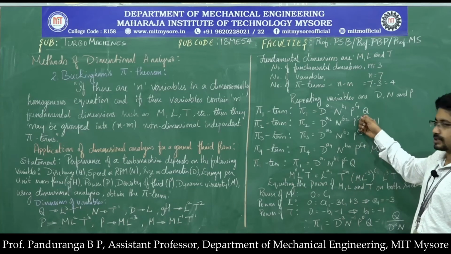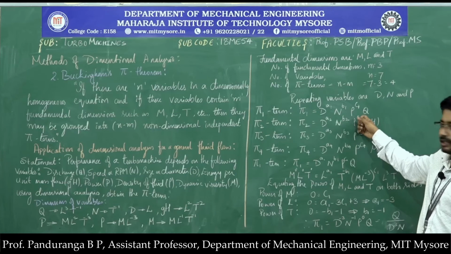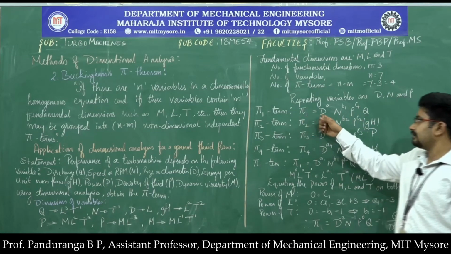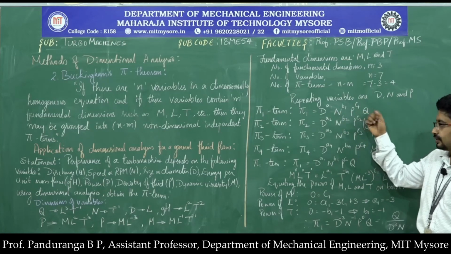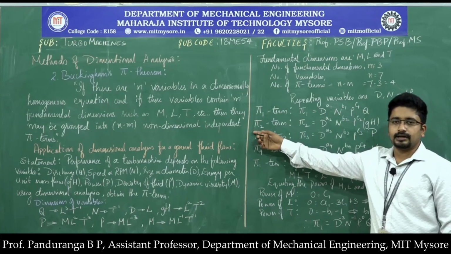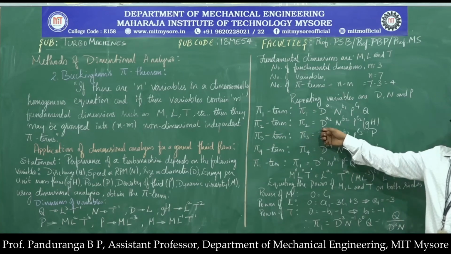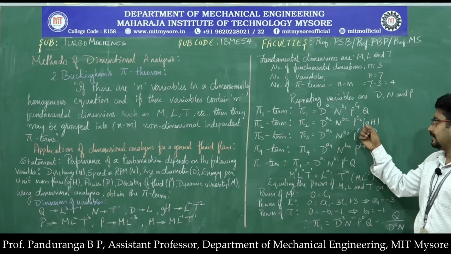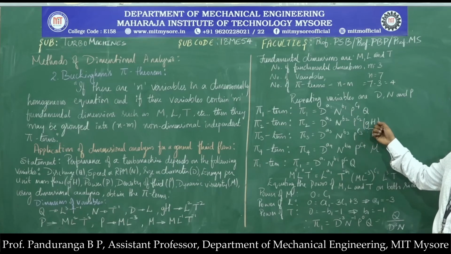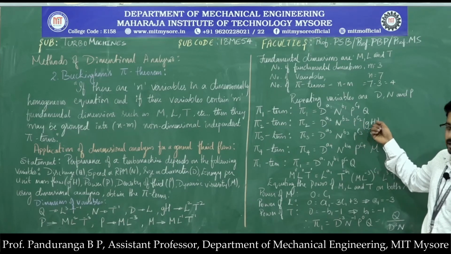For the first one I have chosen Q, the discharge, as the non-repeating variable. So pi 1 will be equal to d to the power of a1, n to the power of b1, rho to the power of c1, into Q. The second pi term, pi 2, will be equal to d to the power of a2, n to the power of b2, rho to the power of c2, and energy per unit mass flow, that is gH.